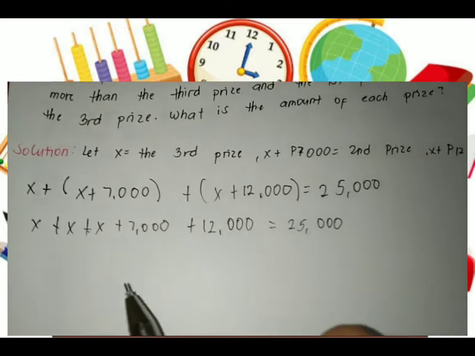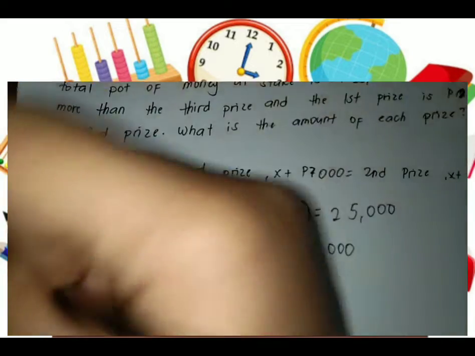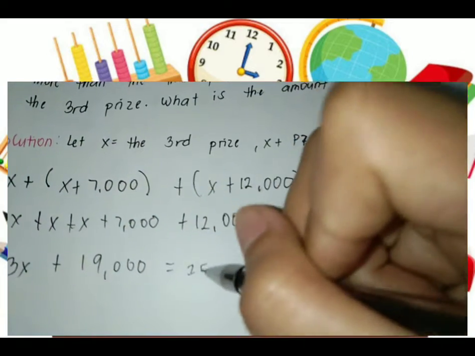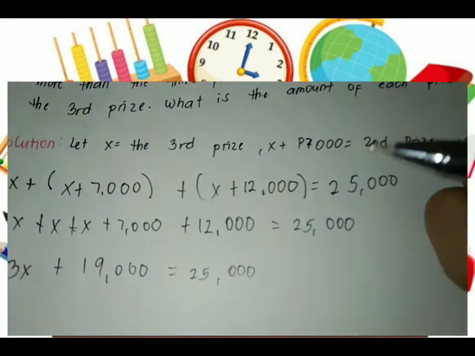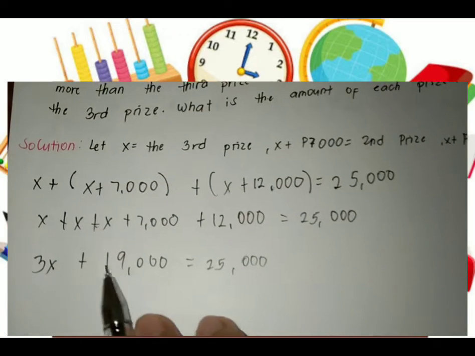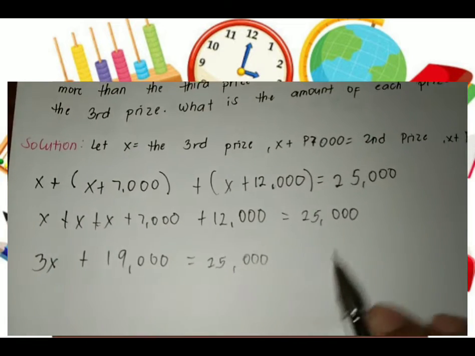Now we are going to add it. So 3x plus 19,000 is equal to 25,000.